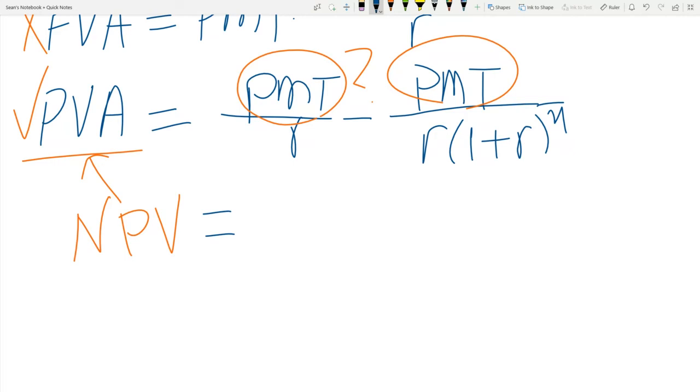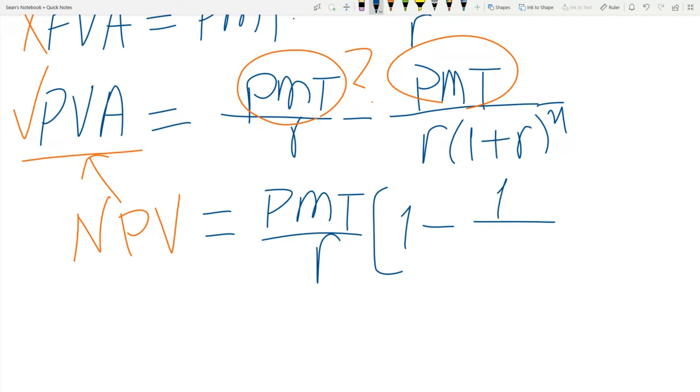You might think the common factor in these two terms is payment over R. Yes, payment over R is the common factor, but if you factor out payment over R, this one will become 1, and this one will become 1 over (1 plus R) raised to n, right?